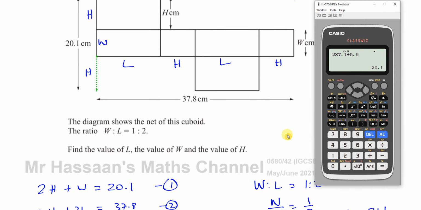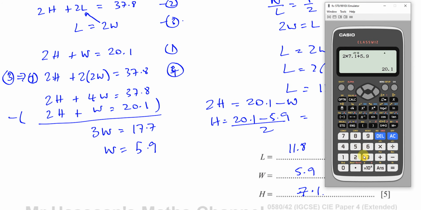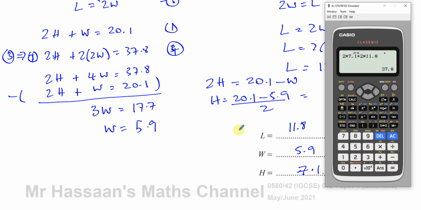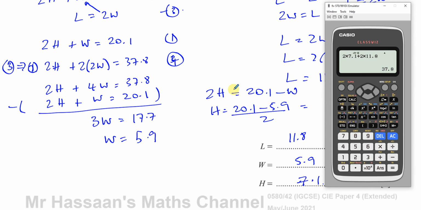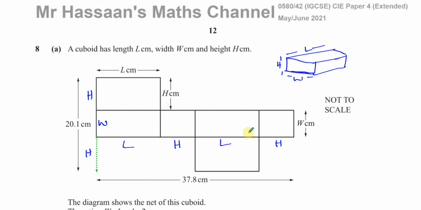And then we've got 2h plus 2l: 2 times 7.1 plus 2 times 11.8 gives us 37.8. So it seems that those numbers actually fit the description. So there we have the answer to this question, number 8, part A, from this May-June 2021 paper 4, variant 2.